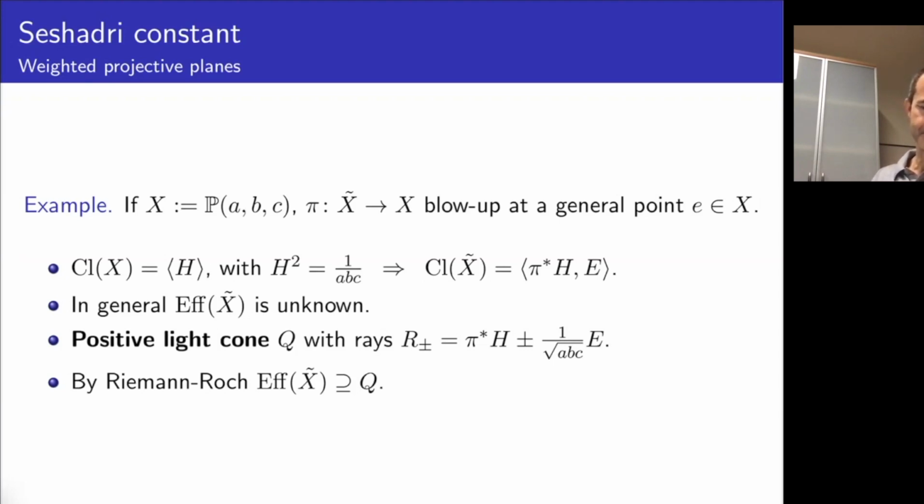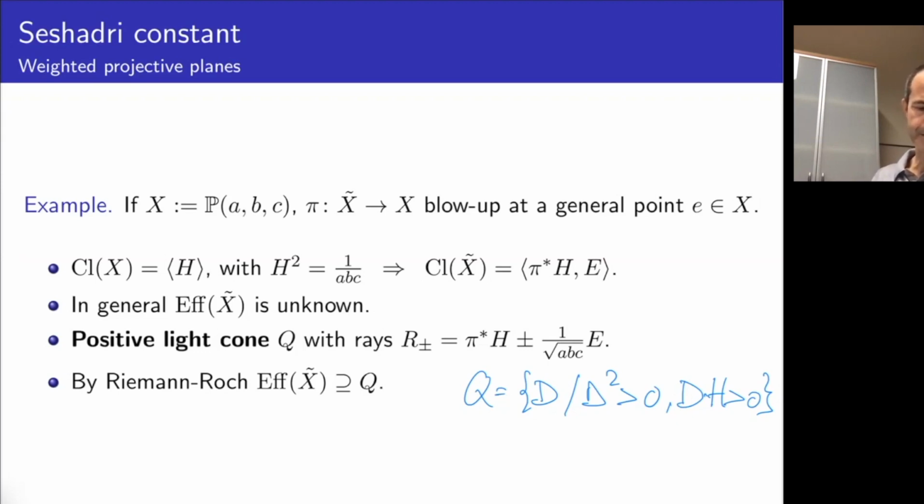We can say something because we can consider what is called the positive light cone Q, which we define as the set of classes such that the self-intersection is positive and the intersection product with an ample class is positive. By Riemann-Roch, this cone is contained inside the effective cone of the surface.